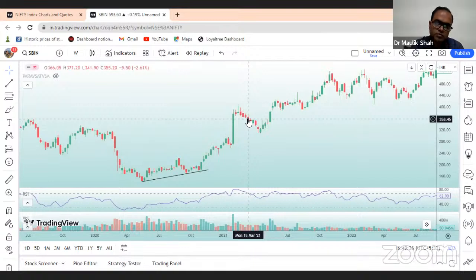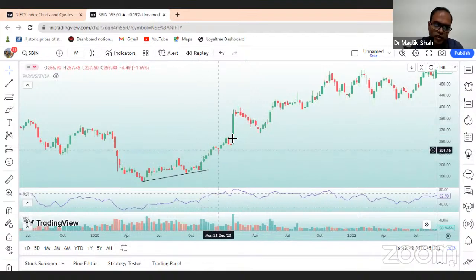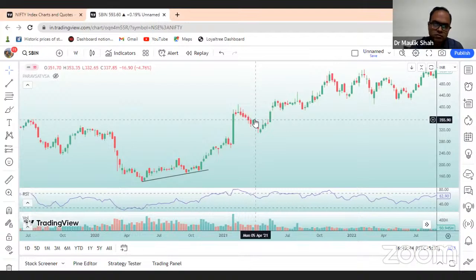In 2 months. Can anyone calculate how much return it has given from 210 to 360? Almost more than 50%, right? Because 50% would be 315.